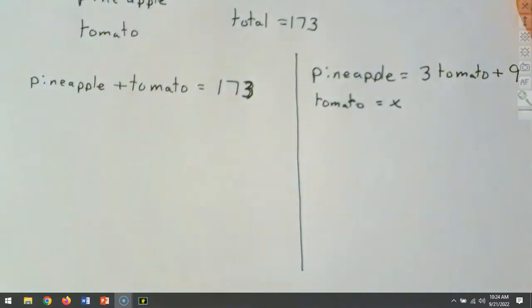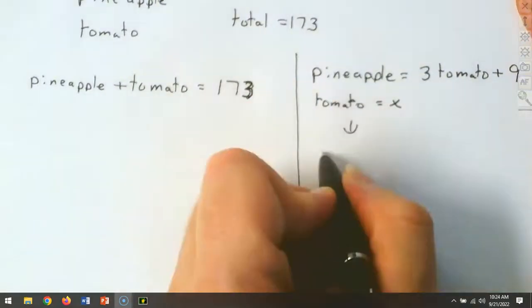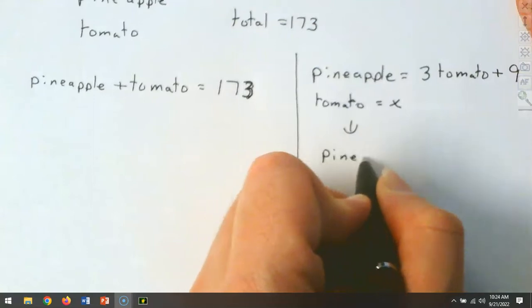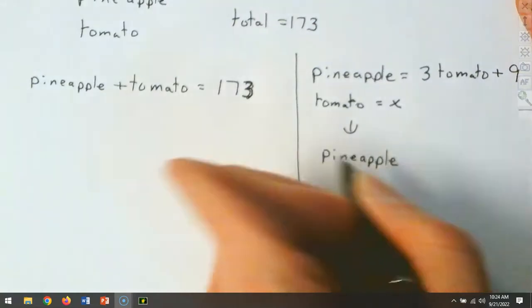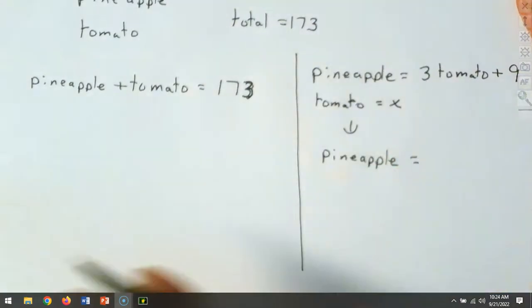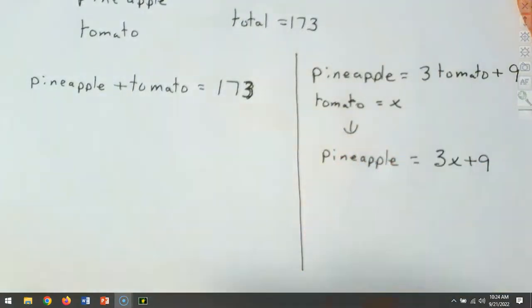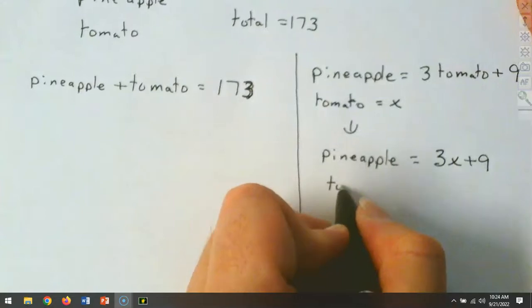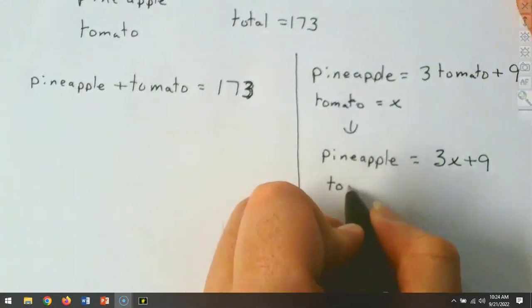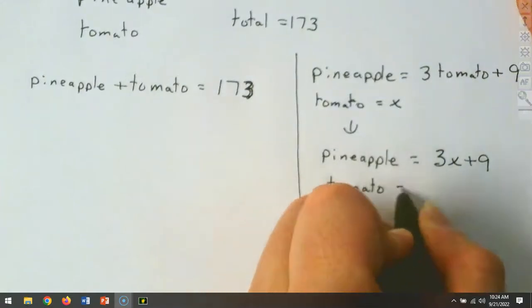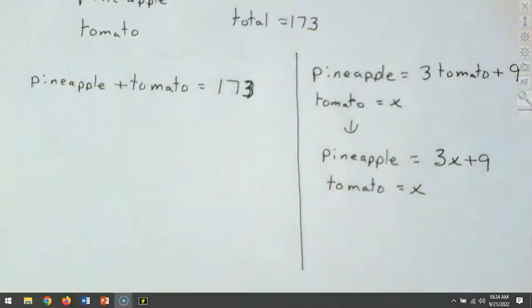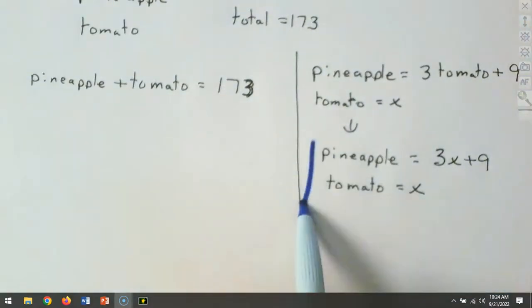Now we can rewrite it. And we've got our pineapple, 3 times the tomato juice plus 9. So that's 3x plus 9. Tomato juice is still unknown, so that's your x. So this is what we've got to work with so far.